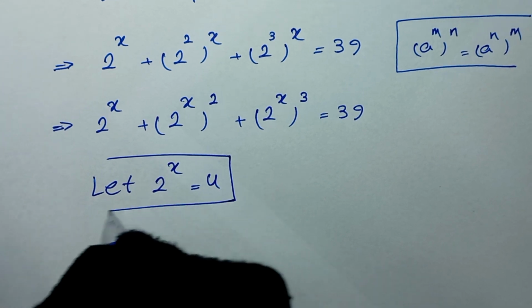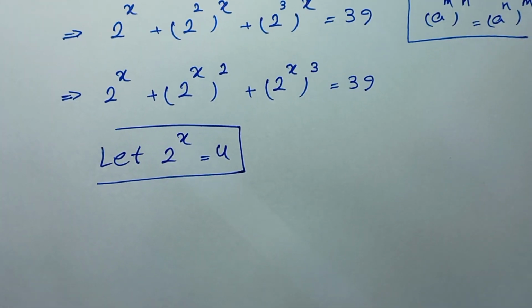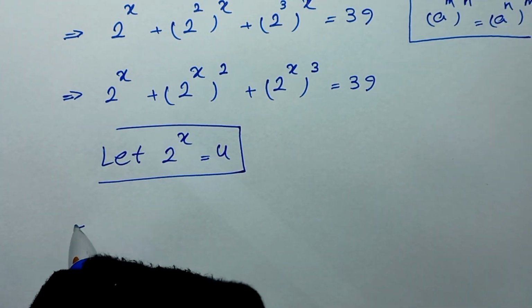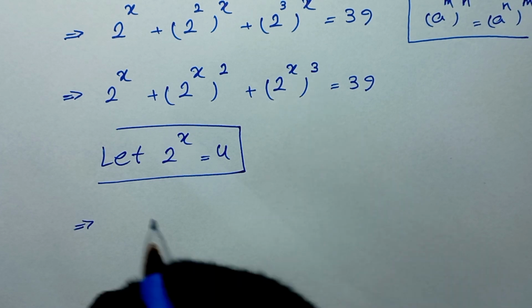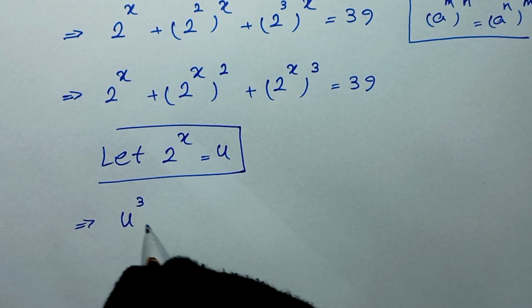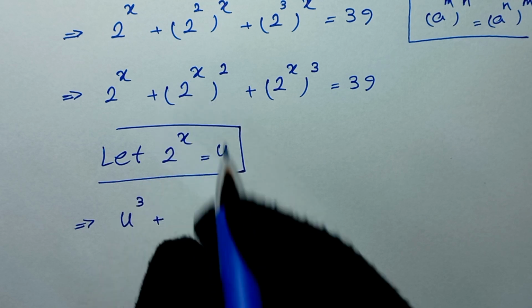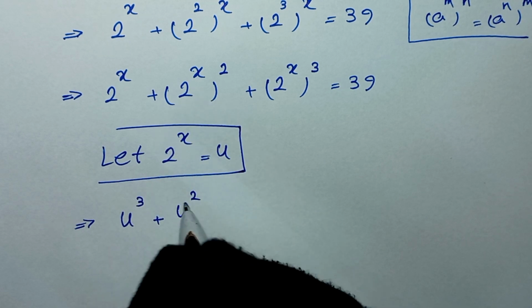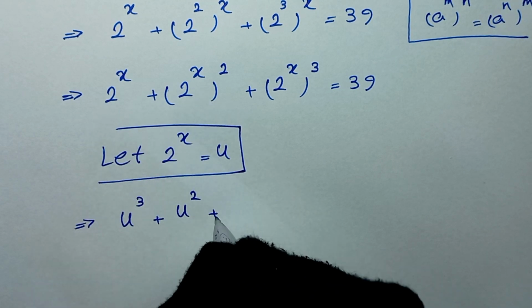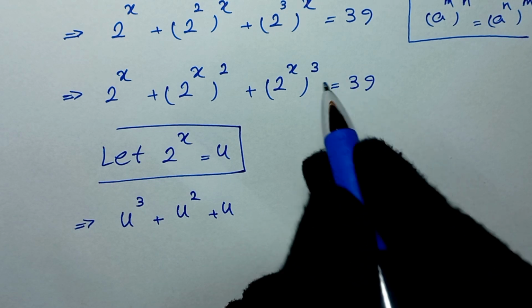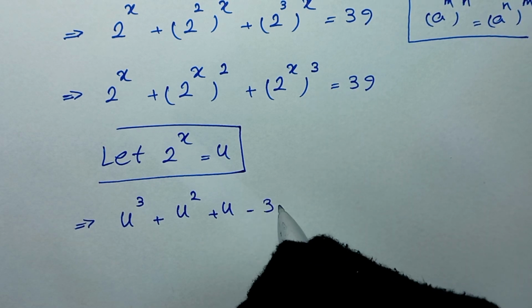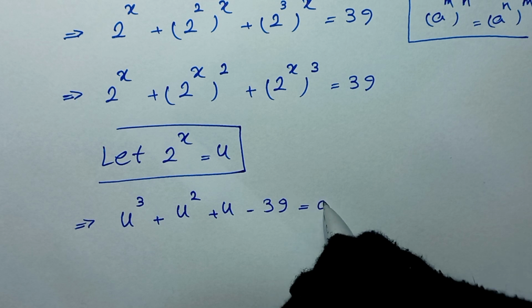So we rewrite this equation, and it will be: 2 to the power of x to the power of 3 is u cube, plus u square, and here we have u, and we take this 39 to this side, and it will be negative 39 is equal to 0.